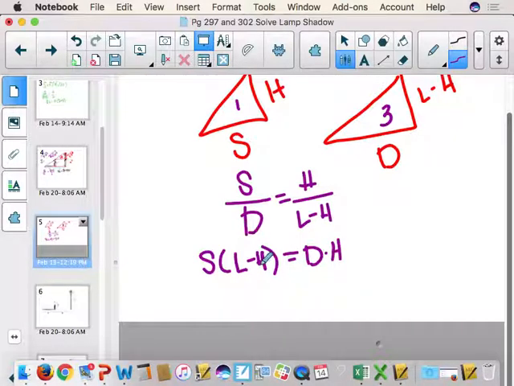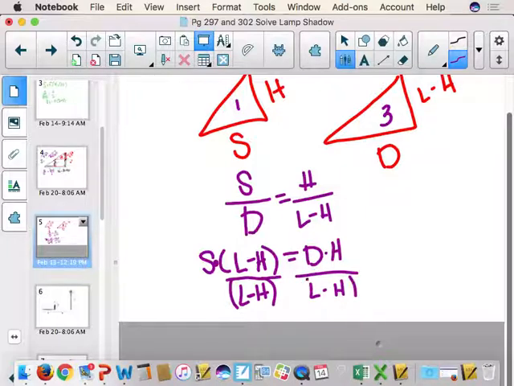It doesn't look like S is by itself quite yet, but S is attached to these parentheses by multiplication. Now, if we had numbers, our first step here would be to distribute, right? But if I distribute, I'm going to have SL and SH, so then I'm back to having S twice. So I'm not going to distribute. To get S by itself, what's the opposite of multiply? Divide. I know this might seem a little bit crazy, but we are going to divide this whole L minus H chunk to the other side.